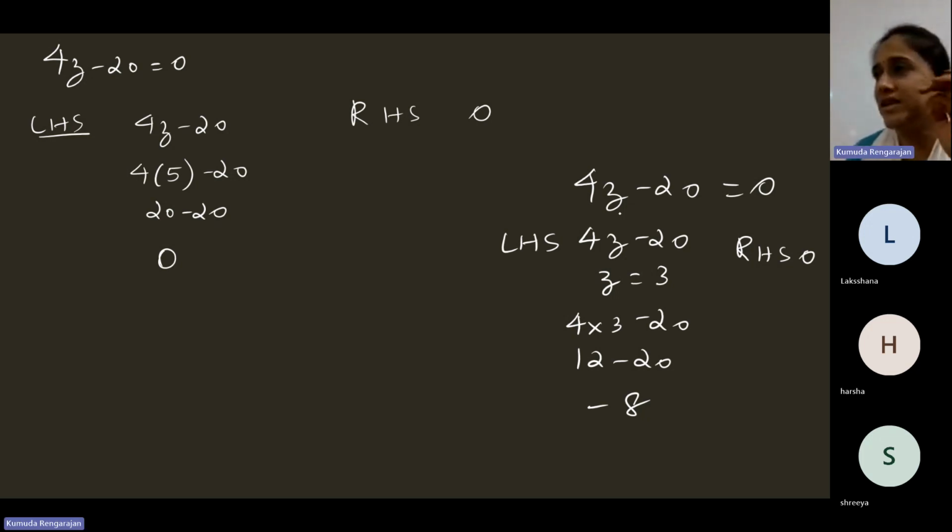For no other value of z other than 5 will the LHS be equal to the RHS, which is why we say 5 is the only solution of this linear equation. That means a linear polynomial has only one zero.